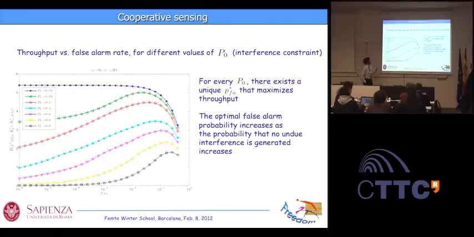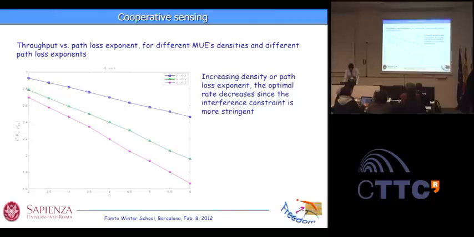So we want to use high values of P0 just to be sure that we are not harmful to anyone. And you see, for any value of P0, there is only a unique value of the false alarm probability that maximizes the throughput, and this is what we see there. Let me move more quickly.